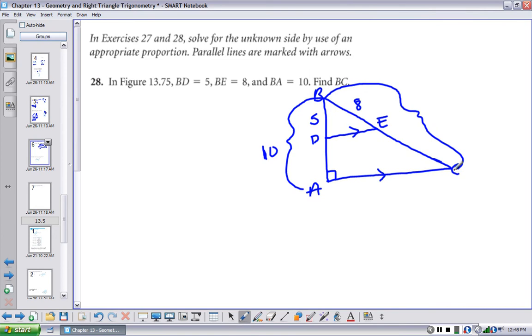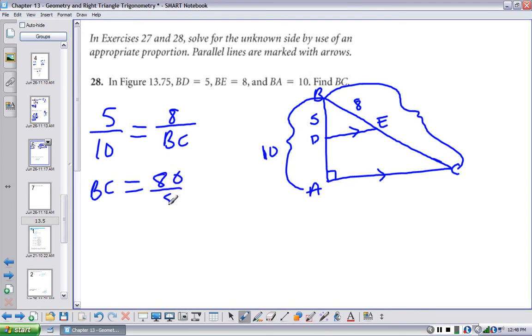Let's set this up: 5 over the full amount of 10 equals 8 over the full amount of BC. So BC is 8 times 10, which is 80, divided by 5. So BC is 16.